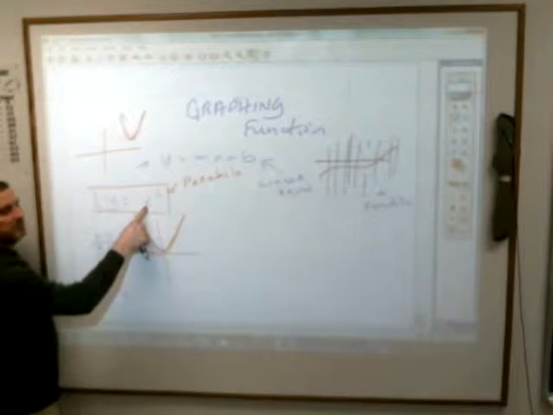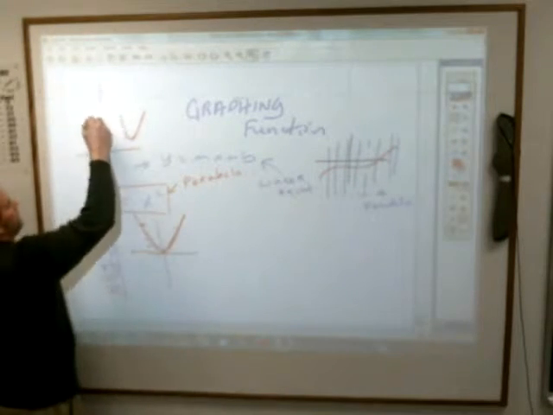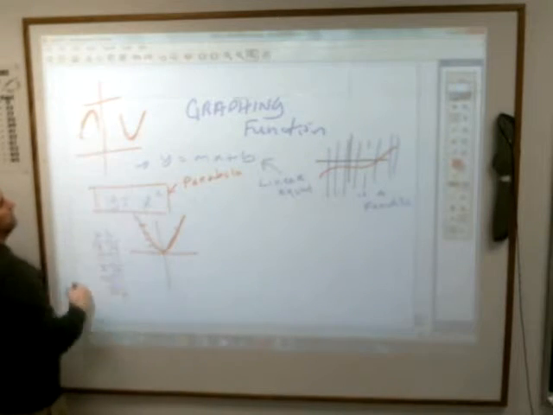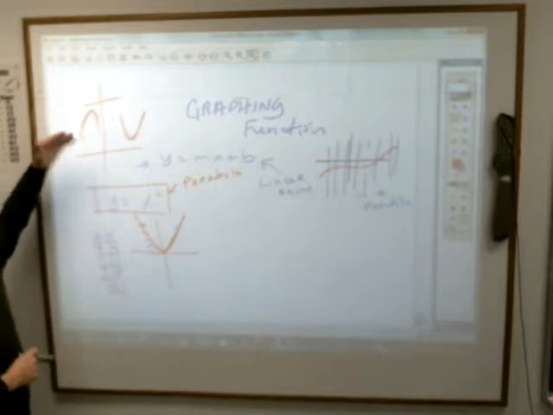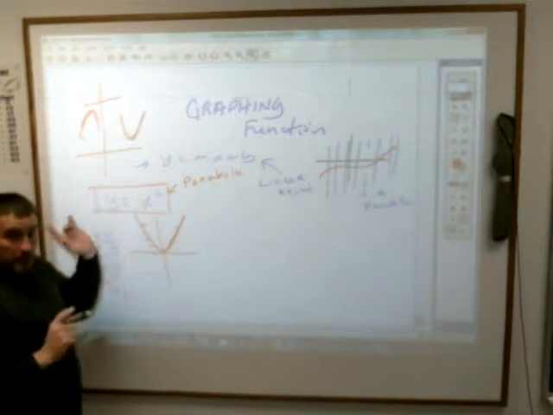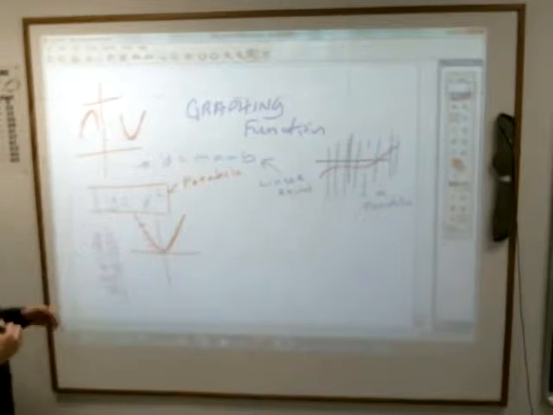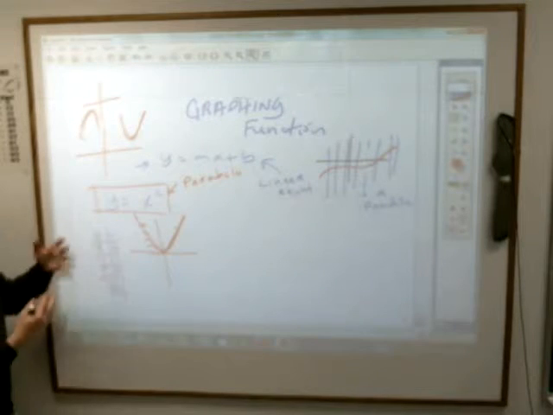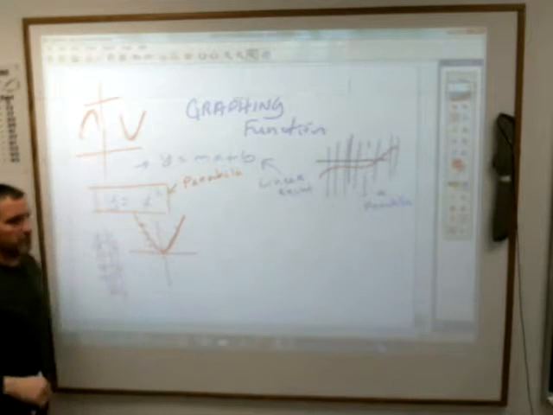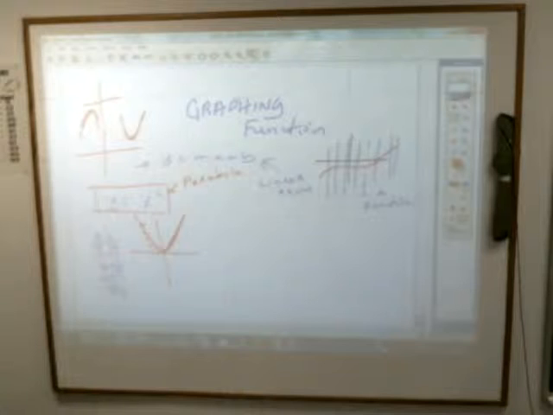Somewhere in that equation there'll be an x squared, even if it was upside down. As long as it's a parabola, whether upside down or right side up, it's going to have x squared in it. That's your first thing. You just need to recognize that, because I'll have you match which ones go with which. You won't be asked to graph it, I don't believe, not yet. That comes later in your mathematical work.